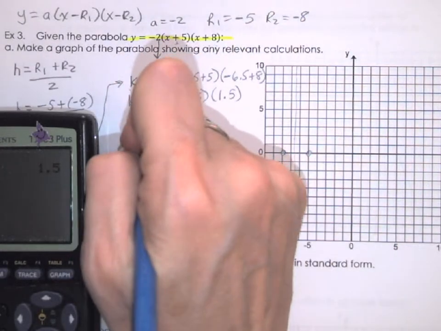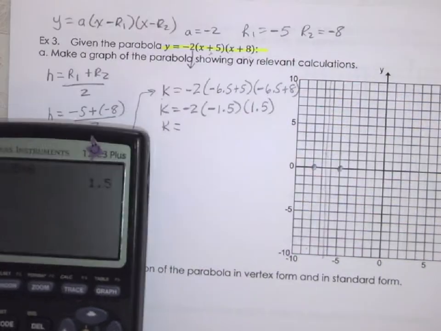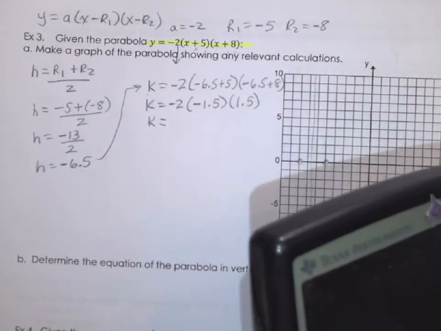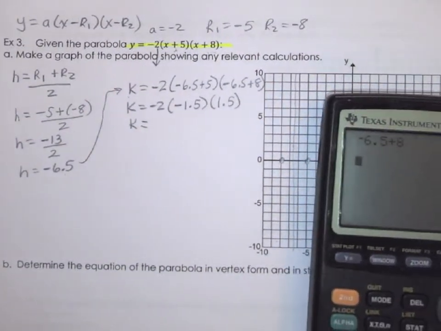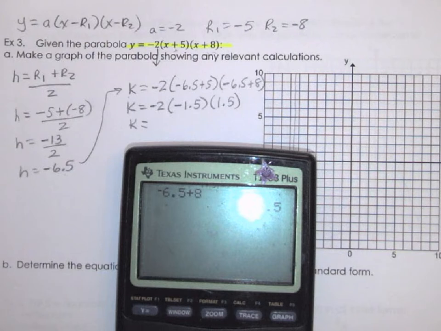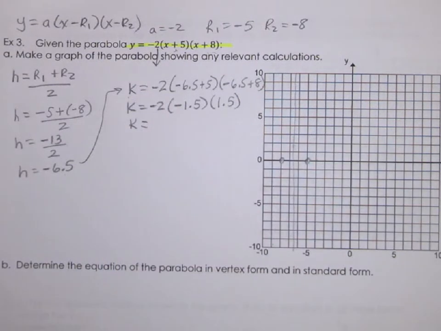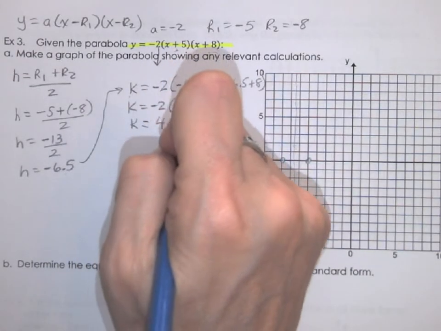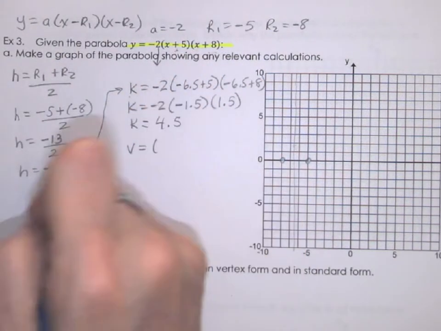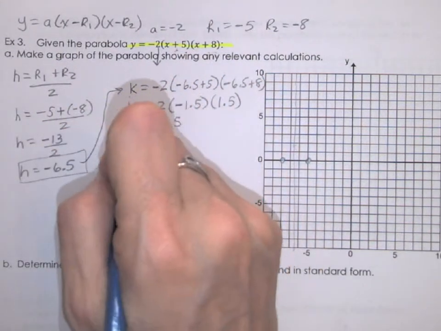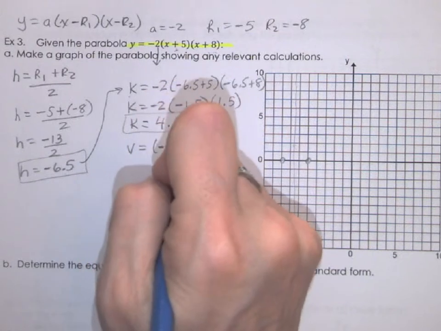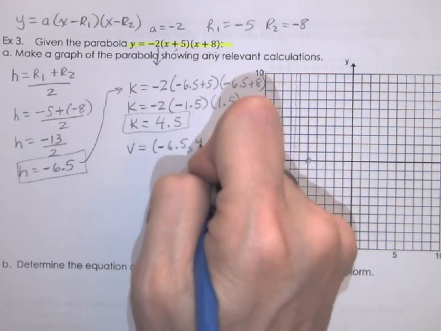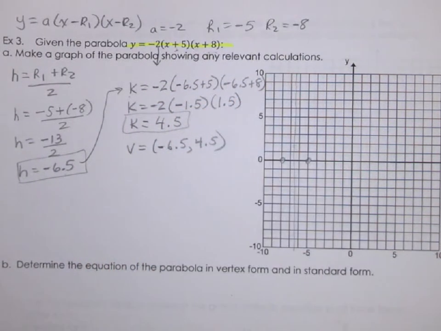And then we can multiply those three numbers together. We're going to do -2 times -1.5 times 1.5, and that gives us 4.5. So now if we put those together, we get the vertex to be -6.5 and 4.5.